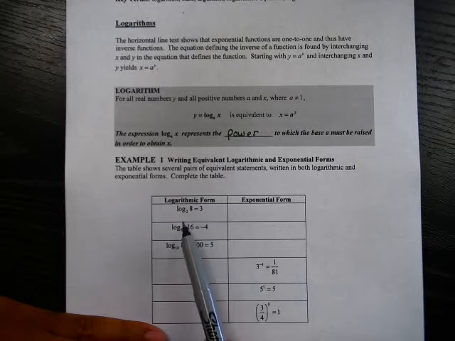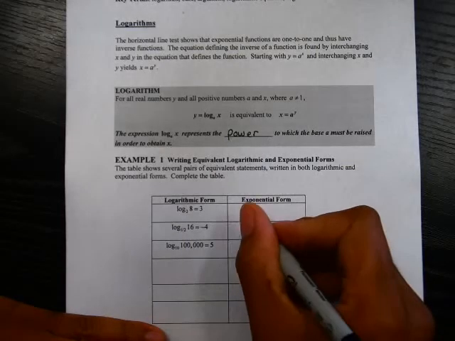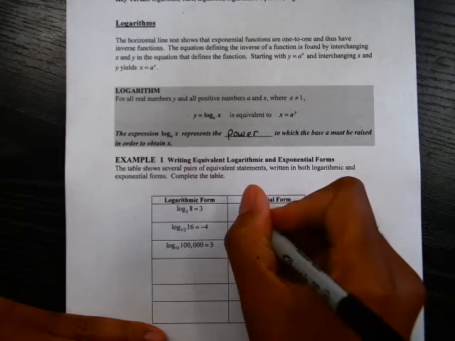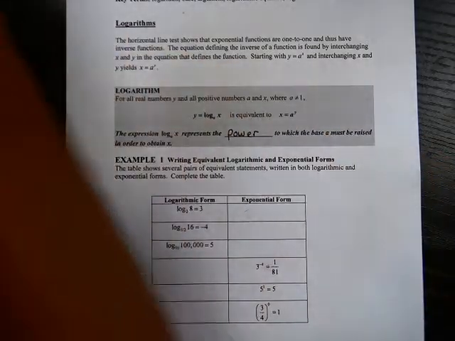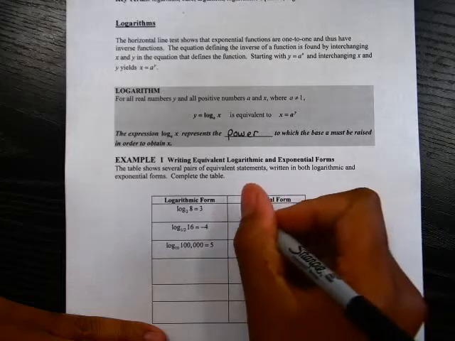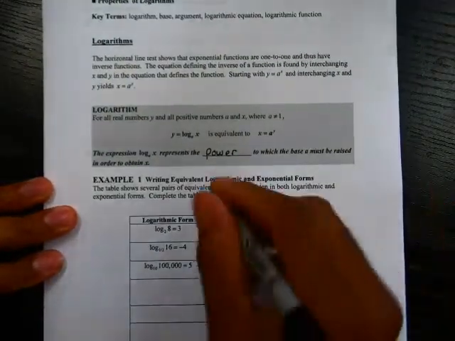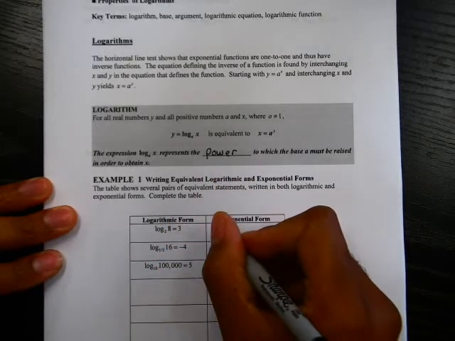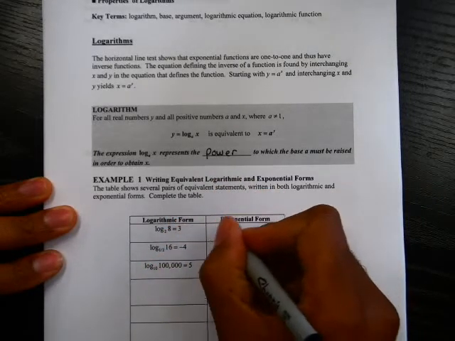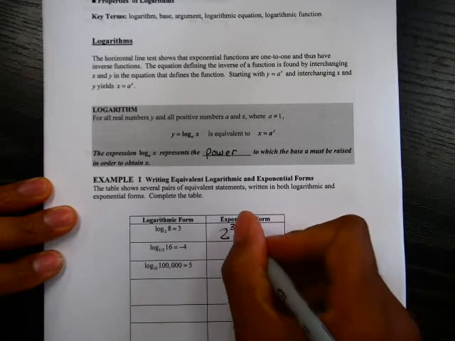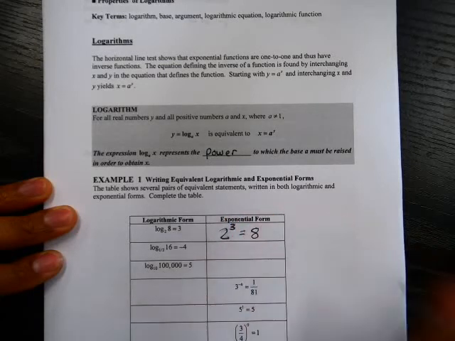So if you look at log base 2 of 8 is equal to 3, the exponential form of that is 2 to the third power is equal to 8.